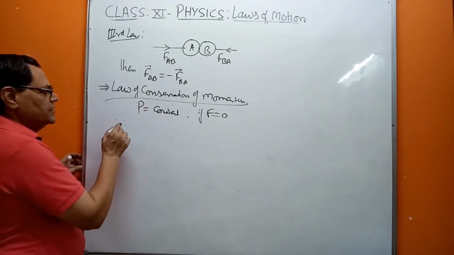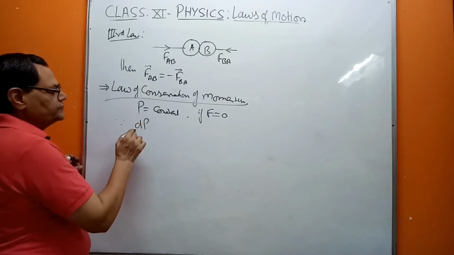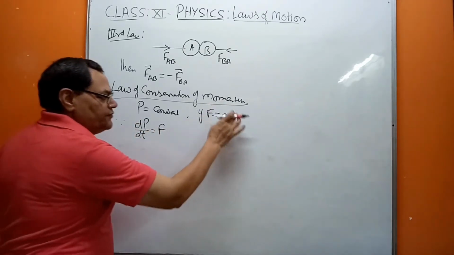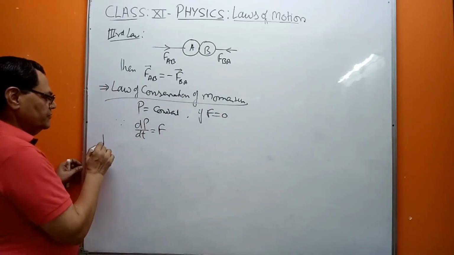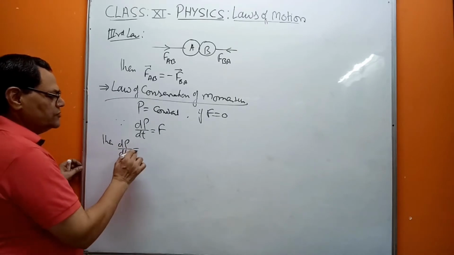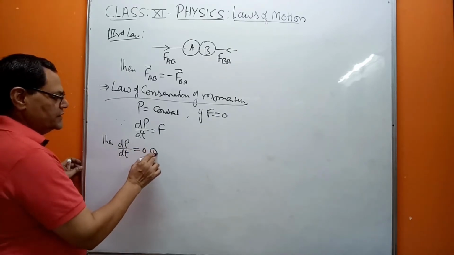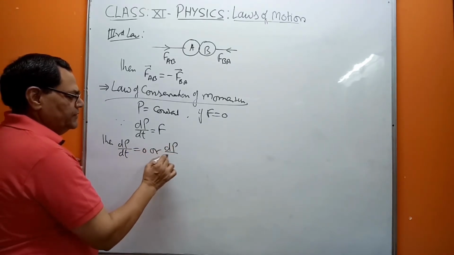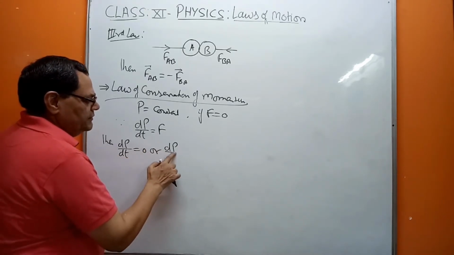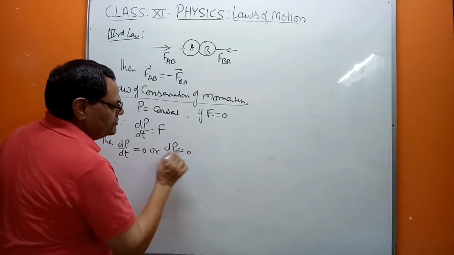Since dp upon dt was equal to F, if F is equal to 0, then dp upon dt will also be equal to 0, so even dp will be equal to 0.